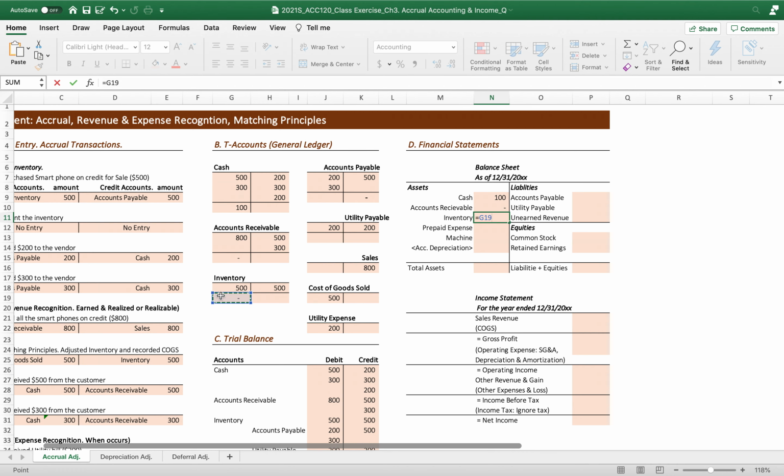There's no inventory because the company sold everything. Accounts payable, do we have accounts payable? No, the company paid it all out. And utility payable is also 0, right?